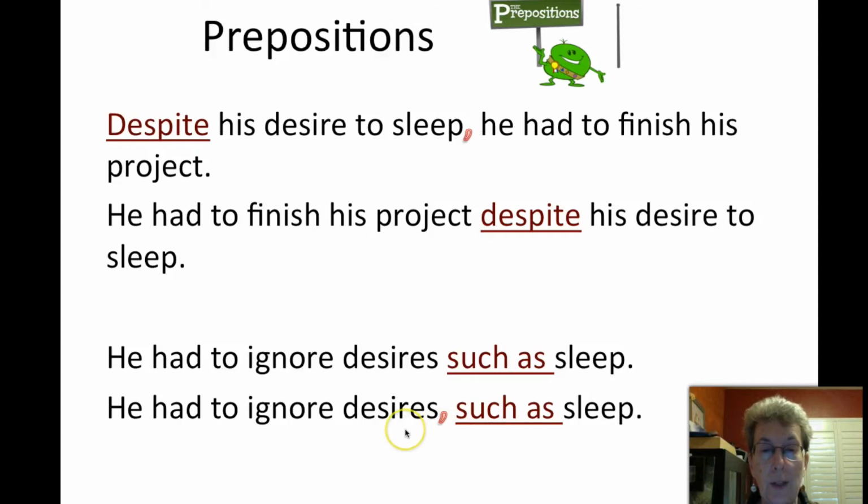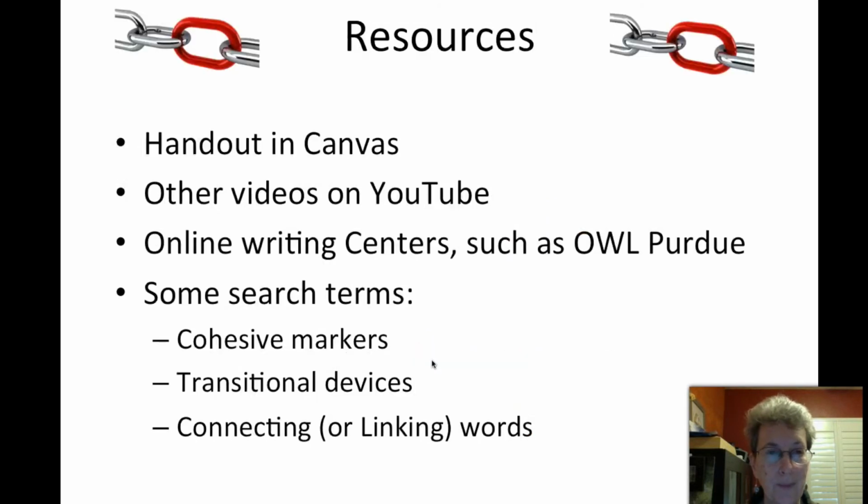He had to ignore desires, such as sleep. Any desires, sleep, eating chocolate, whatever, use a comma, because it could be any desire. In this one, it is restrictive. Only the desires that are like sleep. Eating chocolate is not like sleep, so there's no comma. They're both correct, but the meaning is a little bit different.